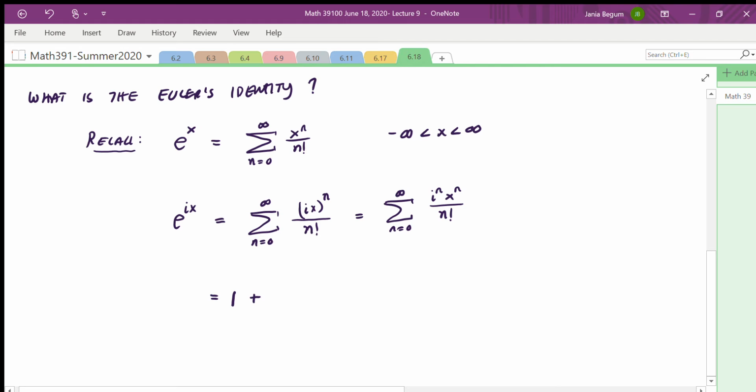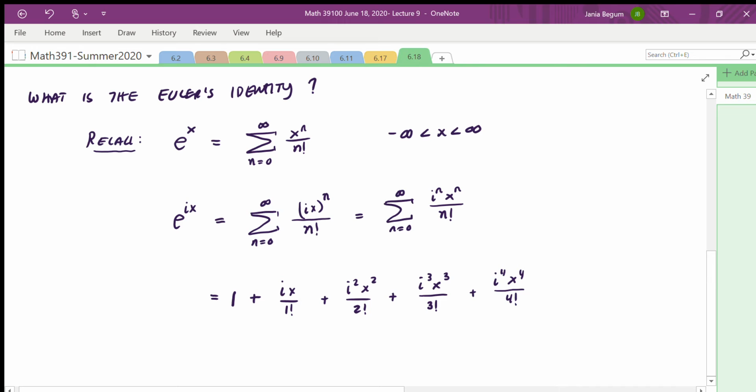Now what about the second term when n is equal to 1? So when n is equal to 1, we have i to the 1 power, x to the 1 power over 1 factorial. And then when n is equal to 2, we have i squared x squared over 2 factorial. When n is equal to 3, we have i cubed x cubed over 3 factorial, plus i to the 4th x to the 4th over 4 factorial.